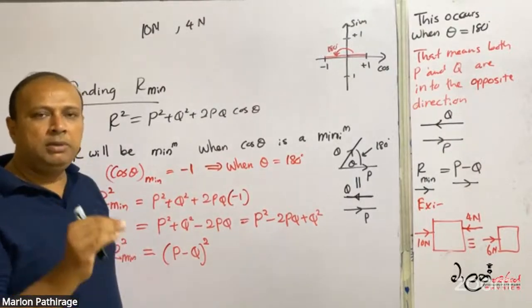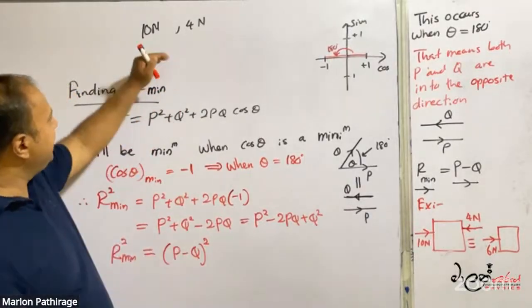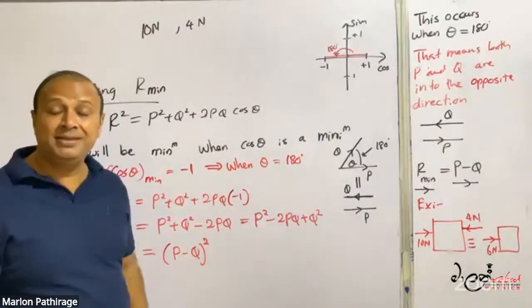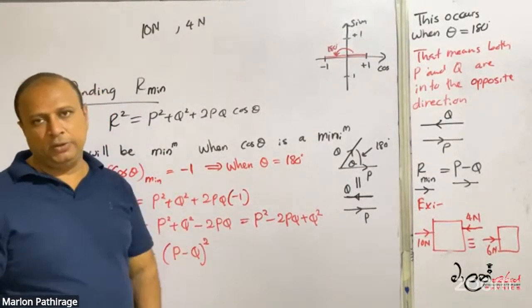Then the minimum resultant vector is the subtraction, that means 10 minus 4, that means 6 Newton.